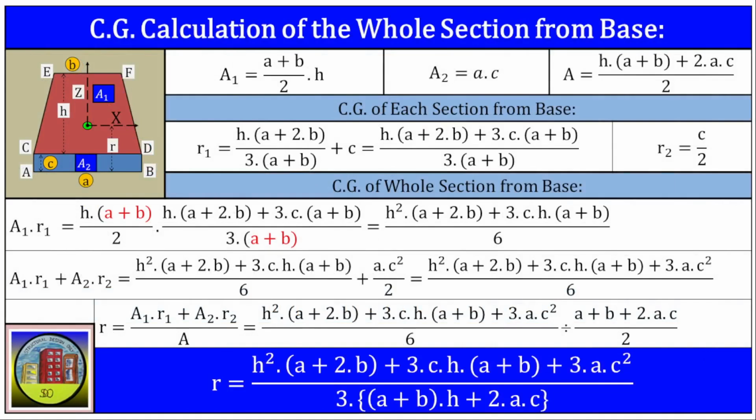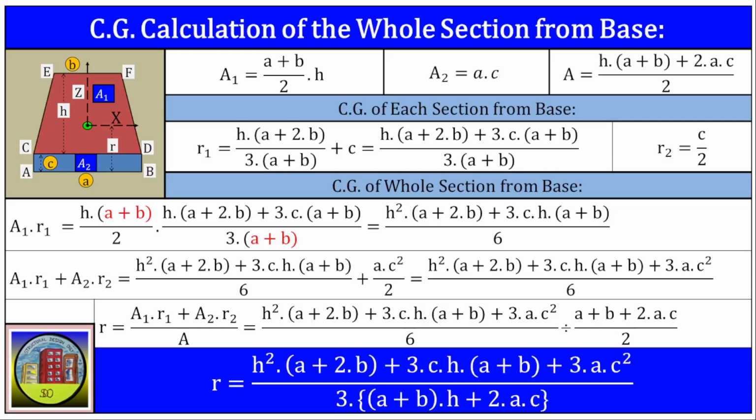Title of this slide you are watching now is CG calculation of the whole section from base. In this slide, we will calculate the centroid or center of gravity, CG, of the entire compound section from bottom base AB. Calculation for the areas.